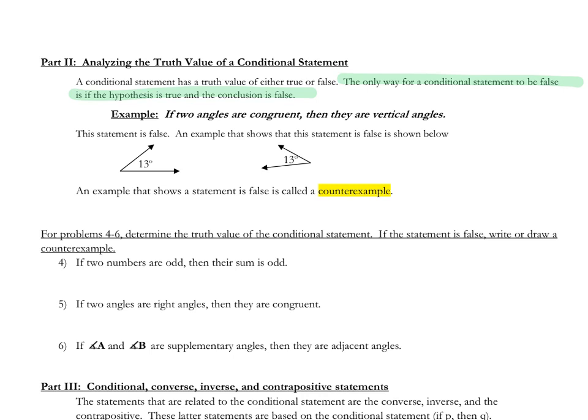So, for example, if it says two angles are congruent, then they are vertical angles. So the hypothesis has to be true. But then the conclusion is what makes it false. If it makes it false, then you need to provide a counterexample. Okay? So this right here is the counterexample. Those are not vertical angles. Think of vertical angles as the scissors. Okay? Those are not vertical angles. Therefore, it proves this conditional statement false.